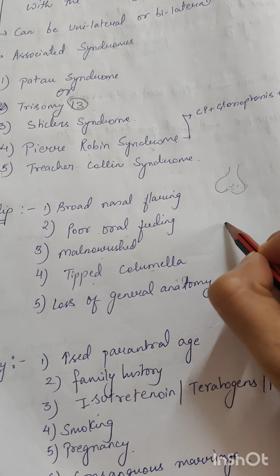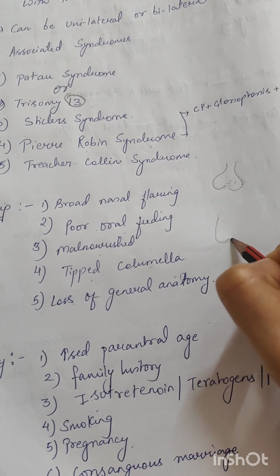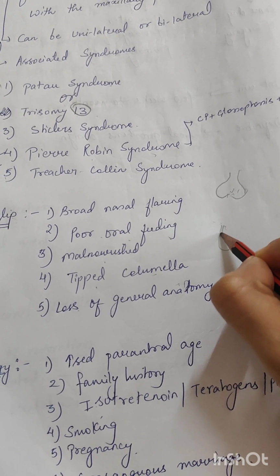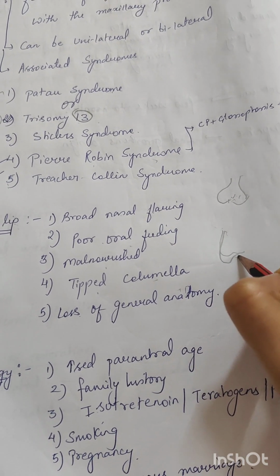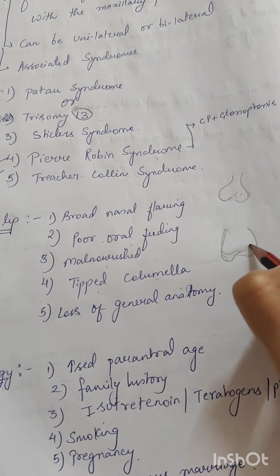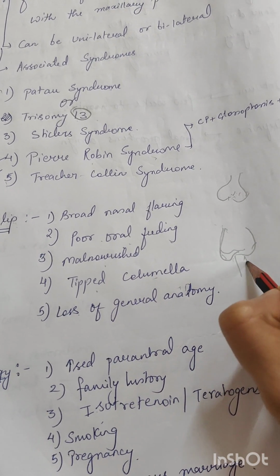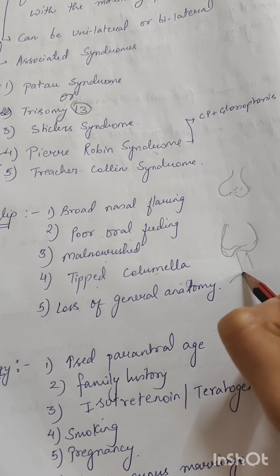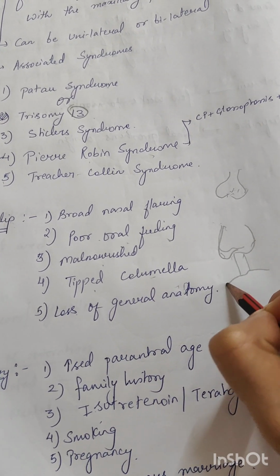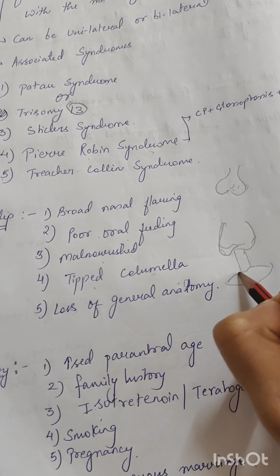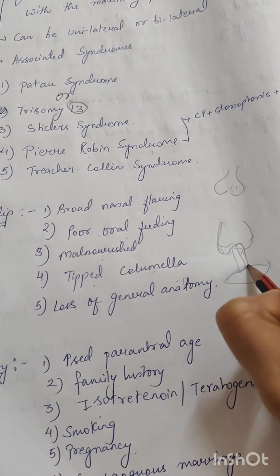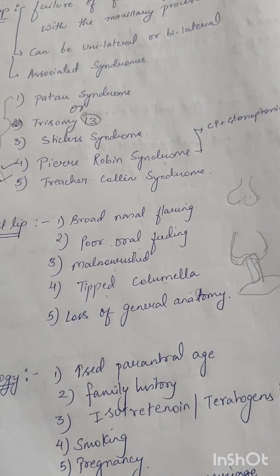Columella is this part of the nose. Suppose this is the nose, so this part is the columella. Because here it is a cleft, there will be a tipped columella.